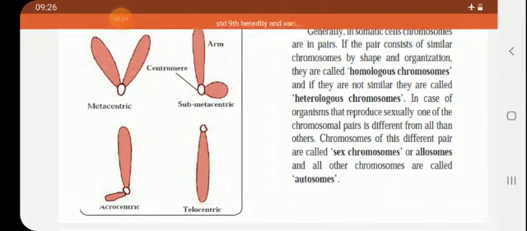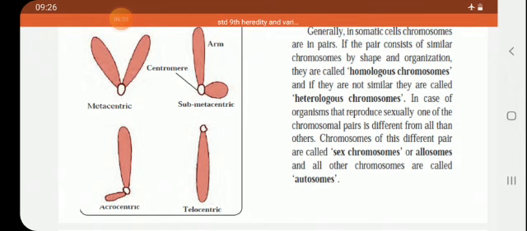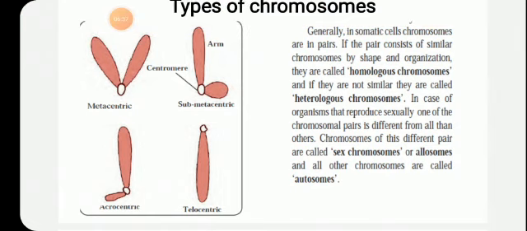Though both submetacentric and acrocentric have one arm shorter than the other, here the position of the shorter arm is on the opposite side. The submetacentric is L-shaped, and the acrocentric is J-shaped.